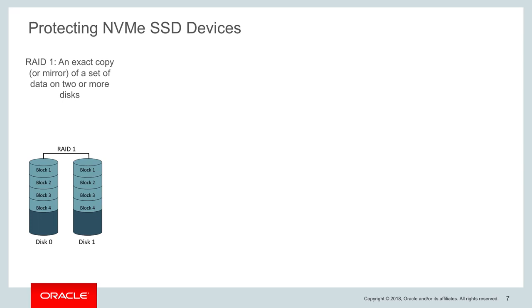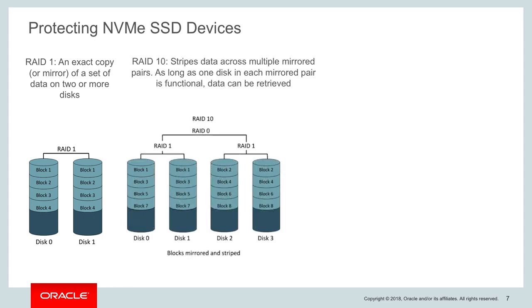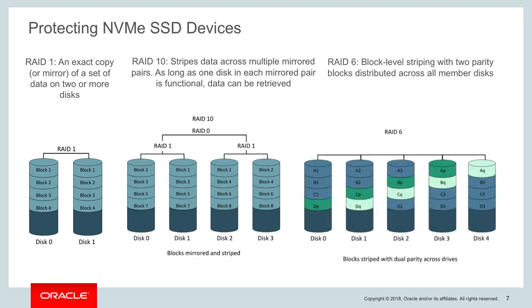One of the options that you have is creating a RAID 1, which is an exact copy or mirror of the disks that you have on NVMe to protect your data. You can also have a RAID 10, which is a combination of RAID 1 and RAID 0 devices, or a RAID 6 that's a block level striping with 2 parity blocks distributed across all the disks, right?